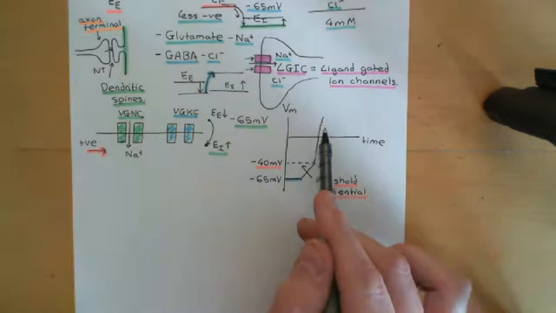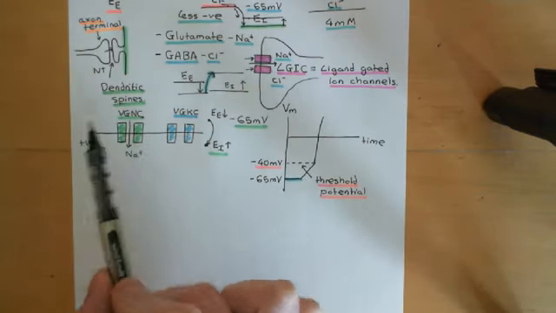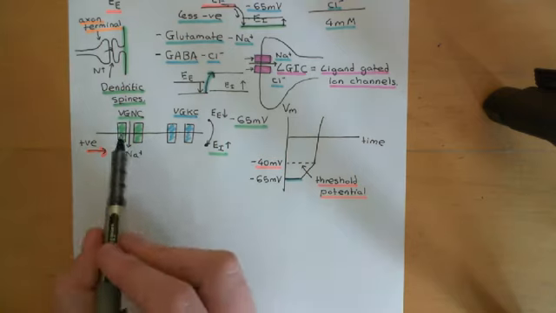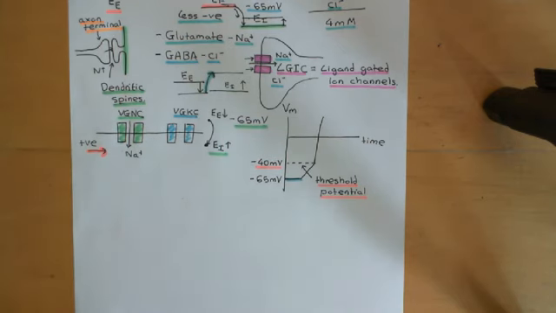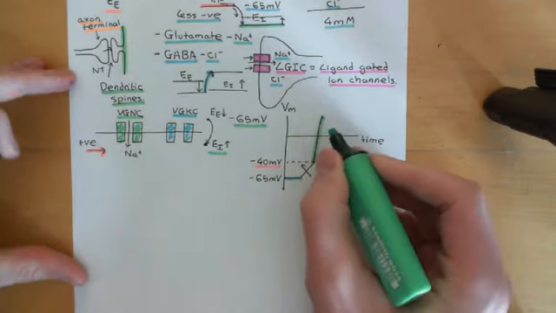So even though the electrical gradient has switched, and now sodium will want to go out because the extracellular compartment has the lower electrical potential, the concentration gradient is still driving the movement of sodium into the cell, so you still get the movement of sodium into the cell. So this is the upstroke of the action potential.